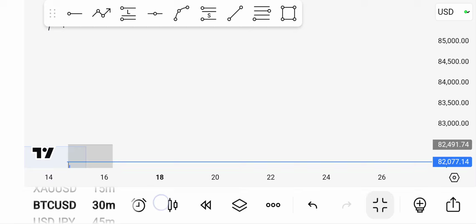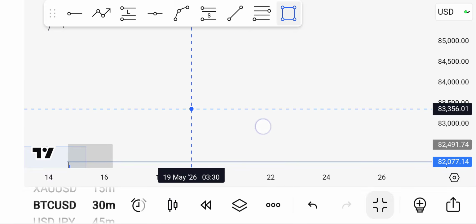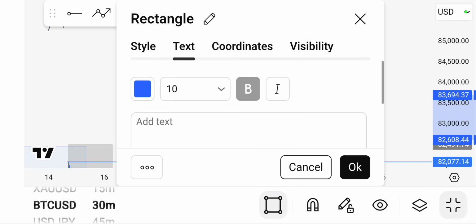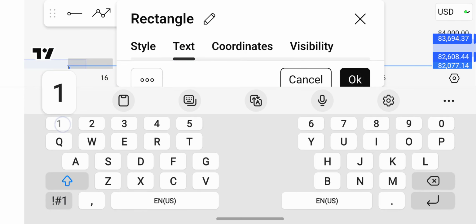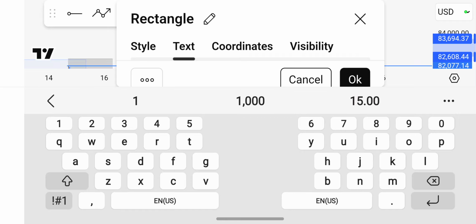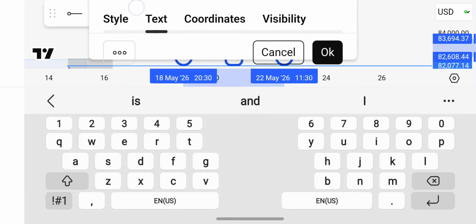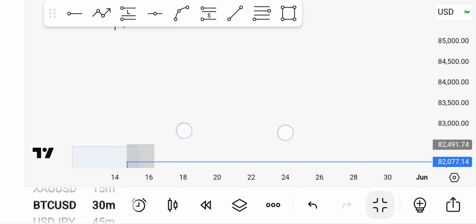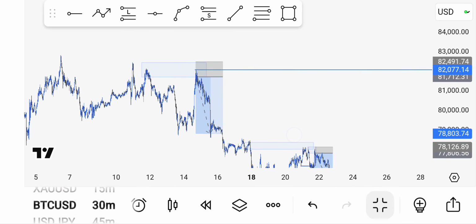Number one thing is the structure. Let me mark this out. Number one, you get the higher time frame structure.